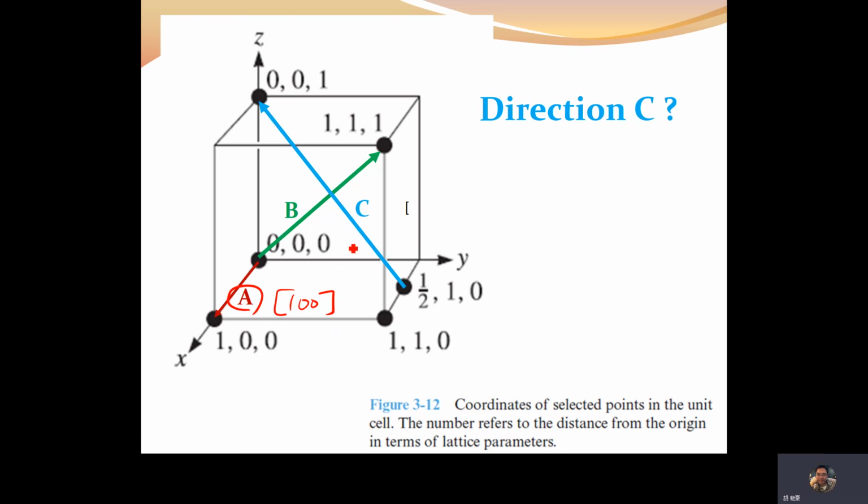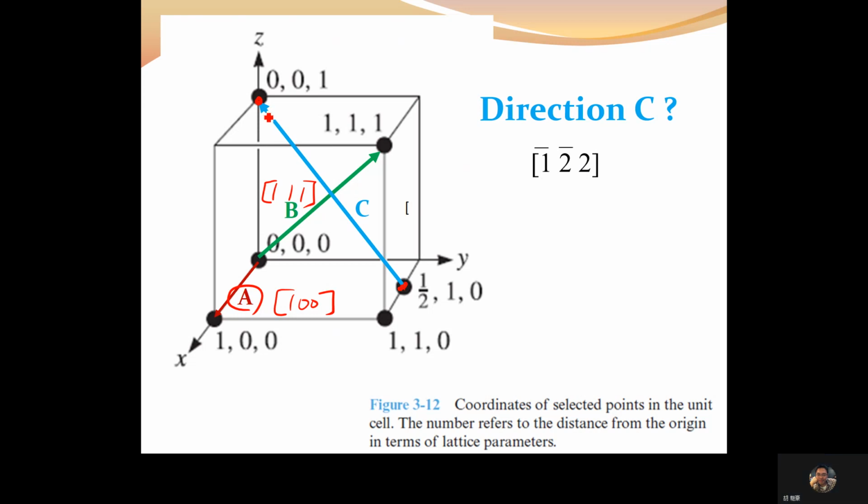For the B, it's 1, 1, 1. For the C, from this point to this point, we can find out the direction C using the Miller indices is 1 bar, 2 bar, and 2.